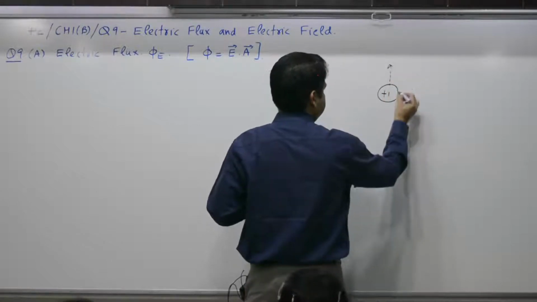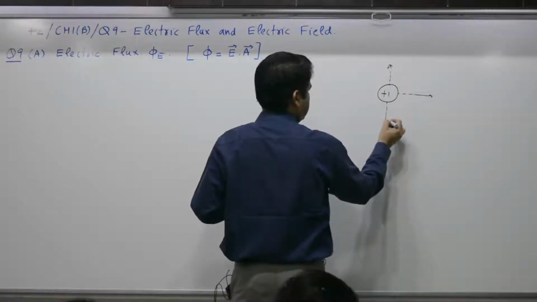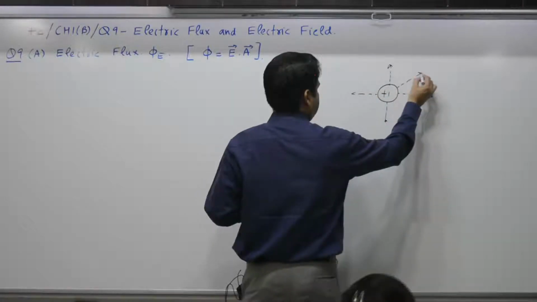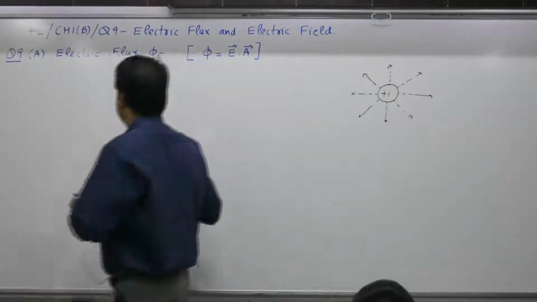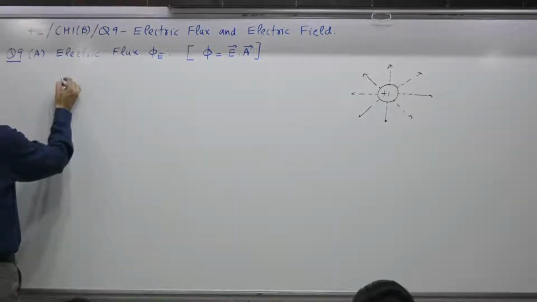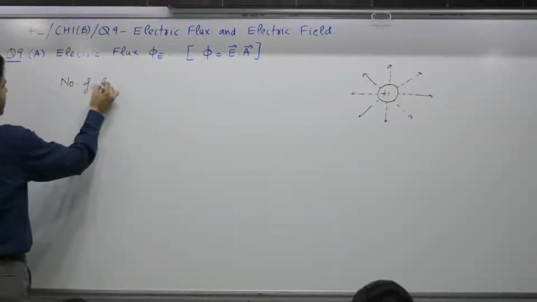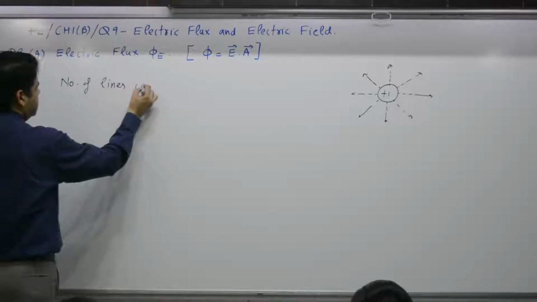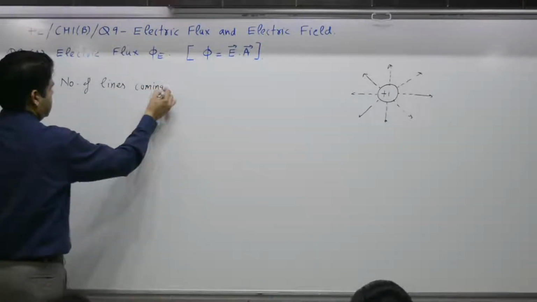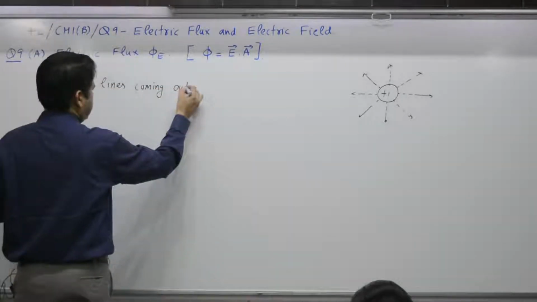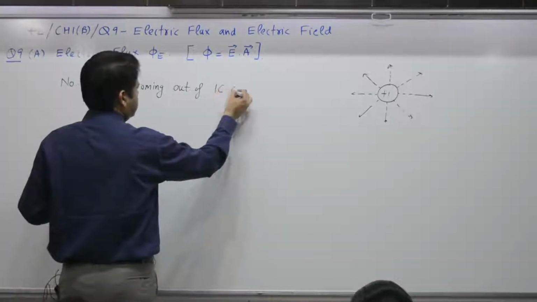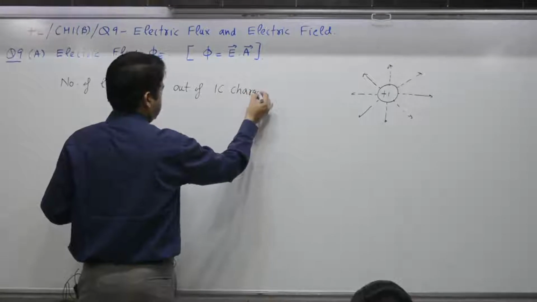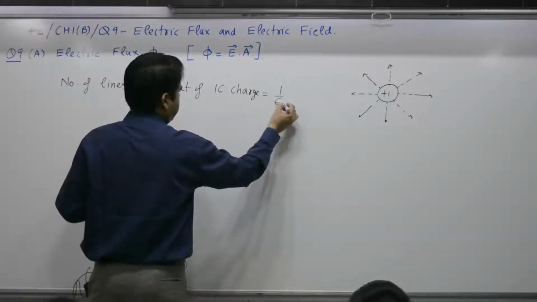plus 1 coulomb, the number of lines coming out of 1 coulomb charge is 1 by epsilon naught.